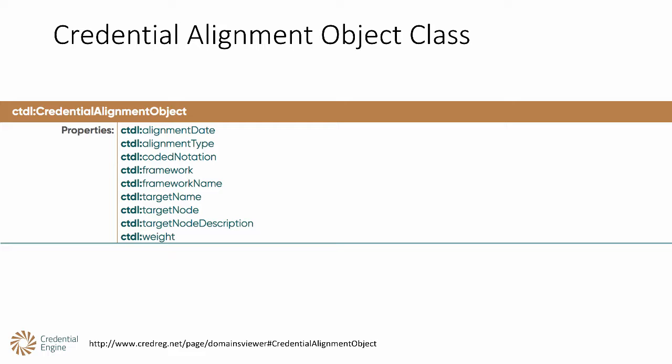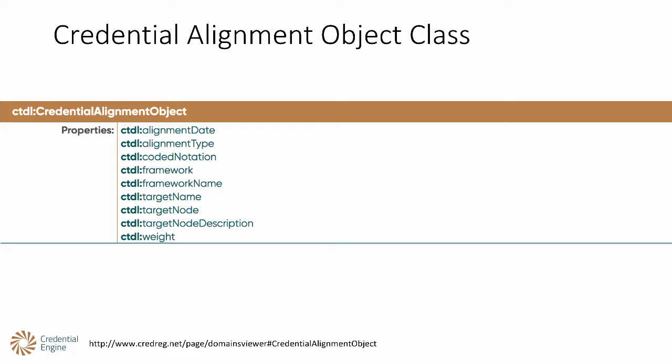The following two sets, the framework sets and the target sets, are what are key to us. The framework identifies what I would call the container, or the competency framework as a whole, or the concept scheme as a whole.